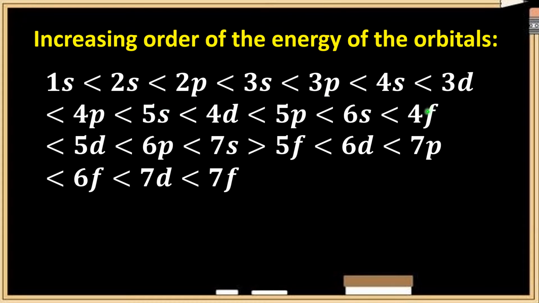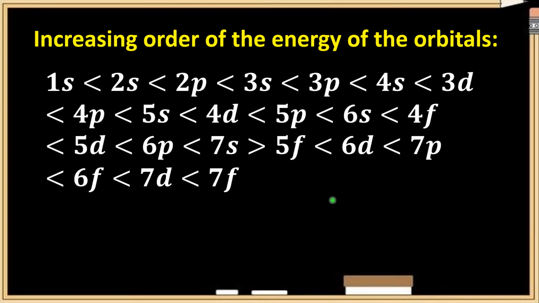We should remember one thing: in this order only electrons fill these orbitals. First electrons enter into 1s orbital. Once it is filled, they enter into 2s orbital. Once it is filled, they enter into 2p orbitals. So this is the increasing order of the energy of the orbitals.